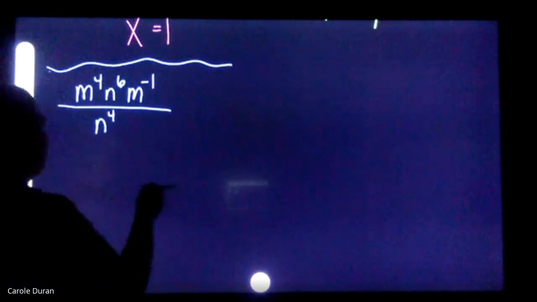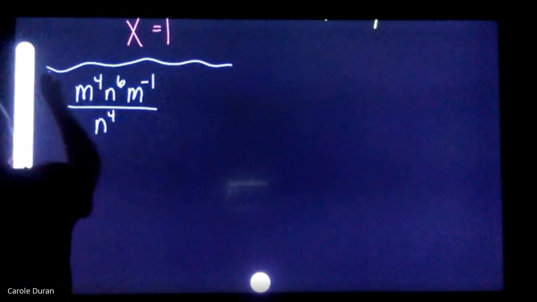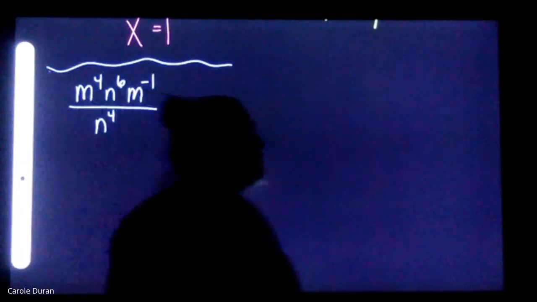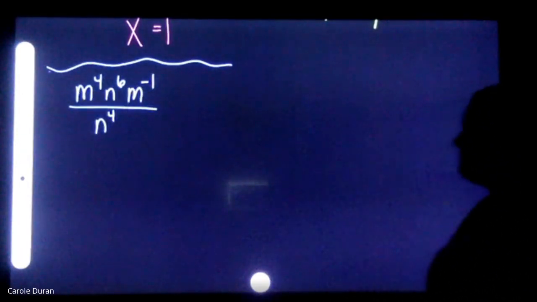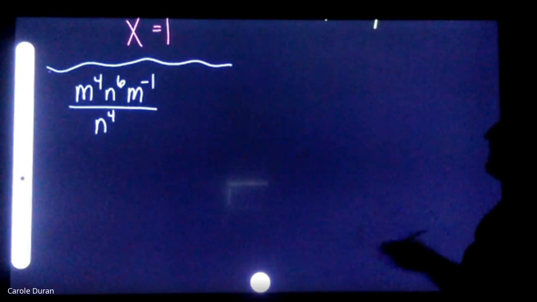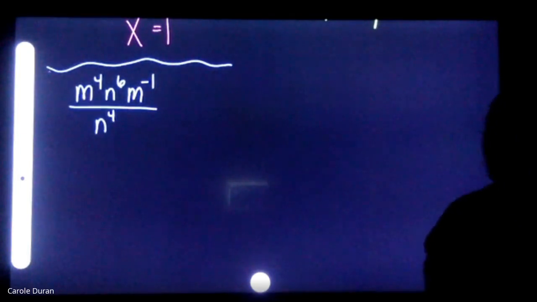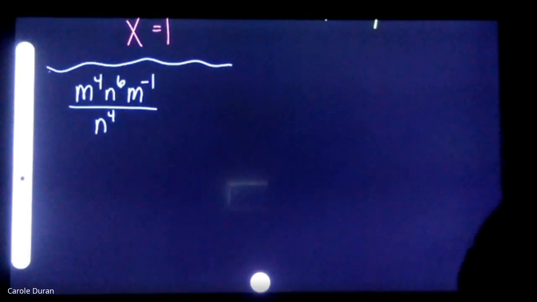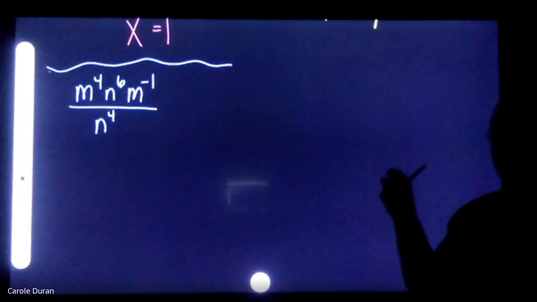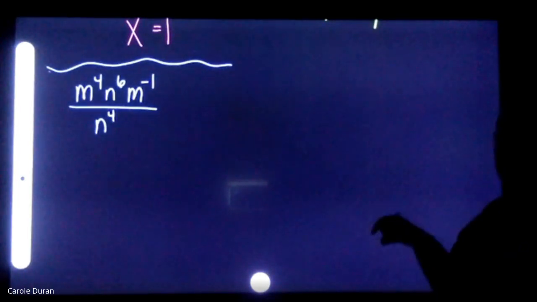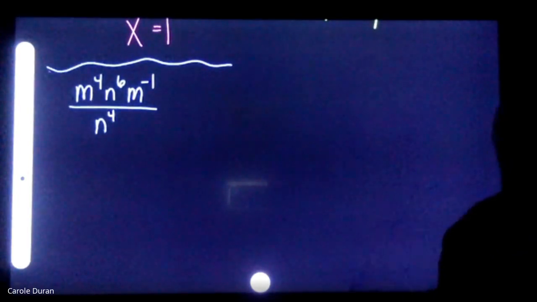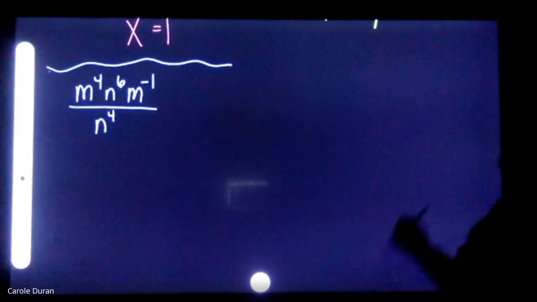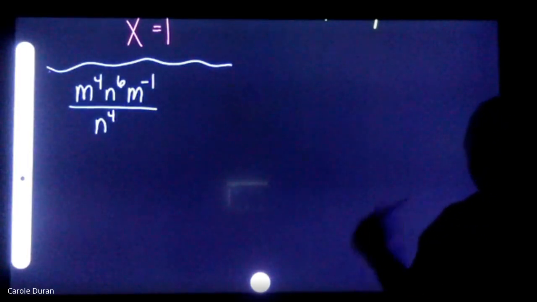Okay, so this is a practice problem when it comes to using exponential rules to simplify expressions. So when we have something like this, there's a general rule that we have to follow, and that is we simplify the numerator first, and we simplify the denominator, and then we simplify across the fraction bar, okay? So we do the top and the bottom individually first.